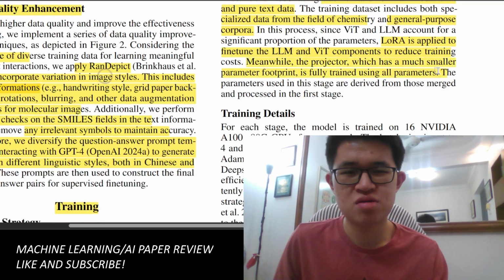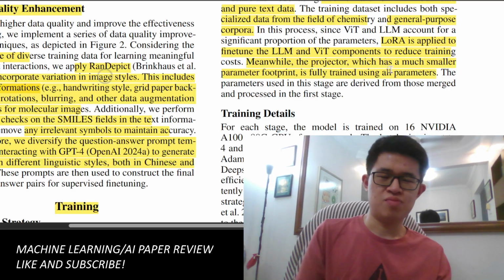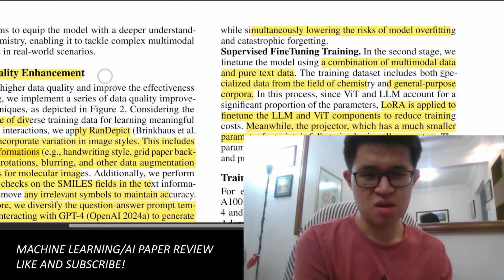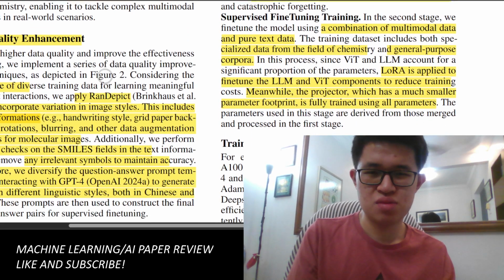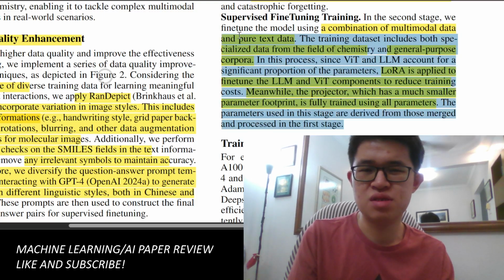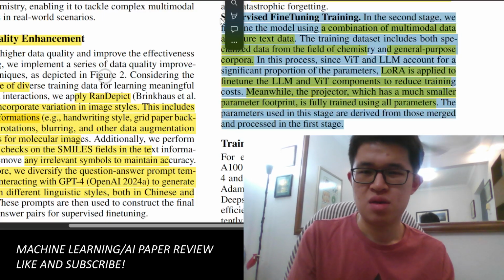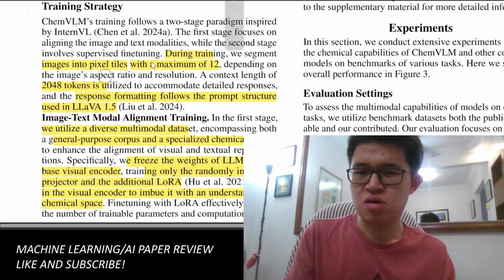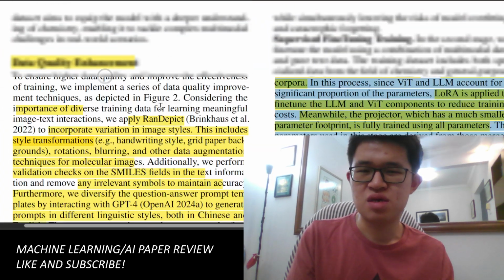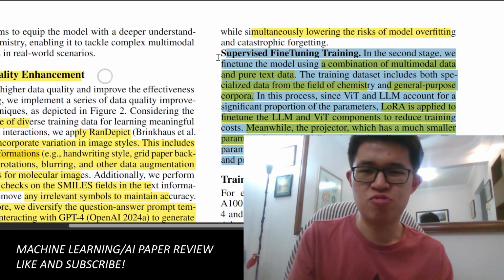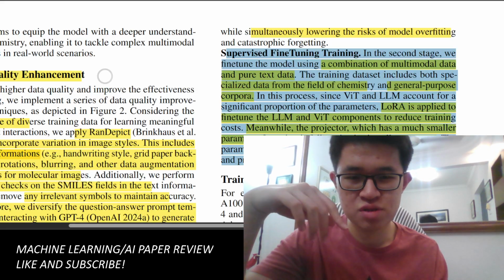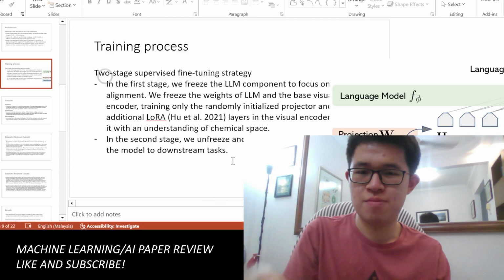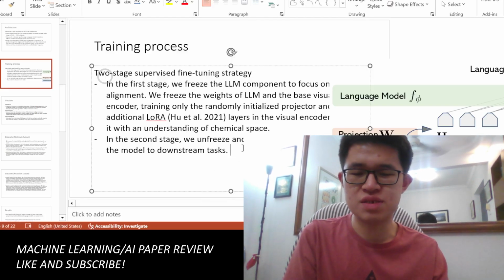Meanwhile, the projector is fully trained using all parameters. So that's nothing new. First is the alignment, and the second one is SFT, which is pretty standard. So that's the second stage right there.